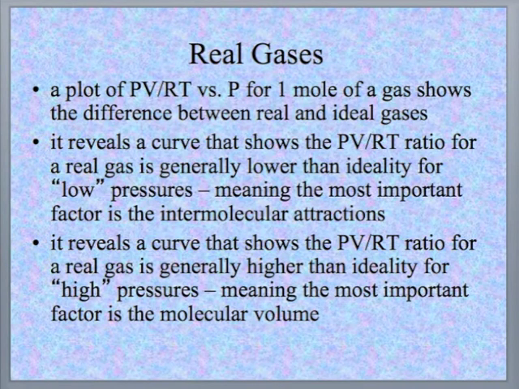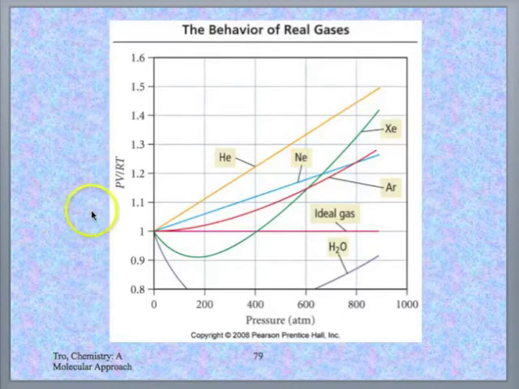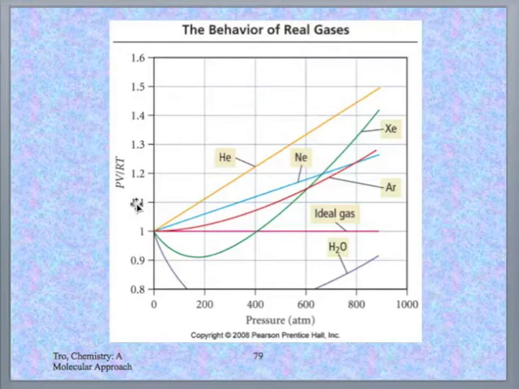So let me show you an interesting graph. Here it is, PV over RT plotted against pressure. Now, just think about this for a minute. If you have 1 mole of a gas, PV equals nRT, right? If you solve for 1 mole of a gas, you will have PV over RT.